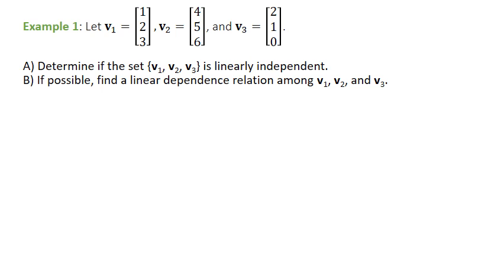If there is a non-trivial solution, so if a free variable exists, then it's linearly dependent. So what we're going to do is set up a matrix, row reduce it, and see if there's a free variable. If there is a free variable, then no, it is not linearly independent. So let's take a look at this.